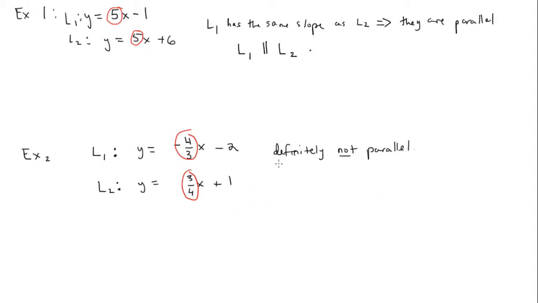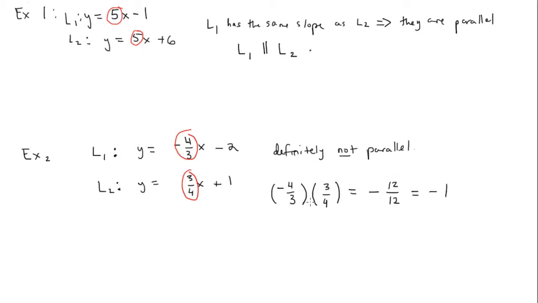And to do that, we just need to check what is the product of these slopes, or what would happen if we put a negative in front of one of them and flipped it over. So either way. So let's just multiply the two. Negative 4/3 is the first slope, and if I multiply that by 3/4, I get negative 12 over 12, and that of course is just negative 1.